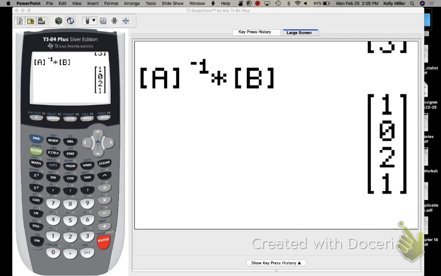Oh, this one's even better. 24 is x plus y equals 5, x minus y equals -1. Why is that one nice? All my coefficients are 1s.